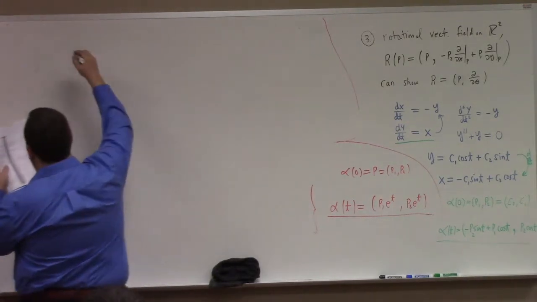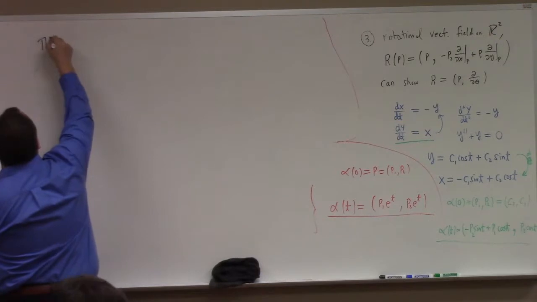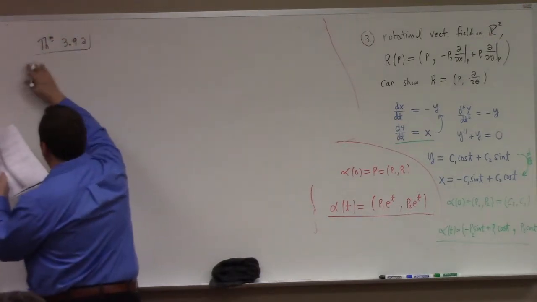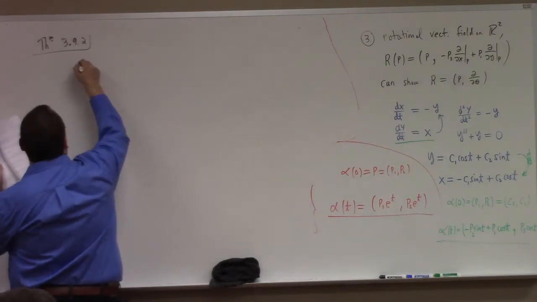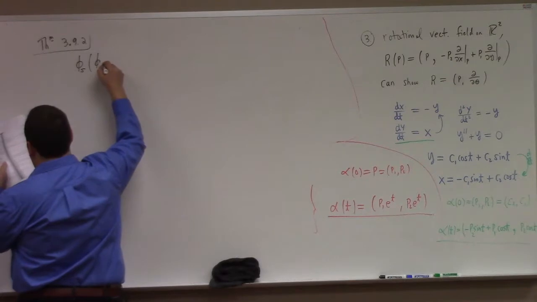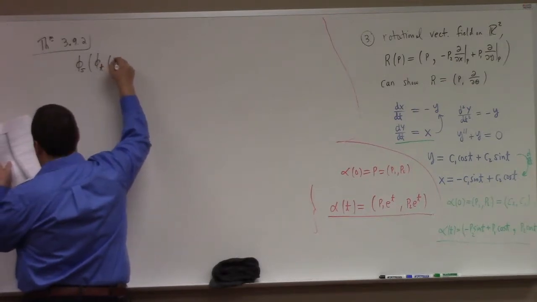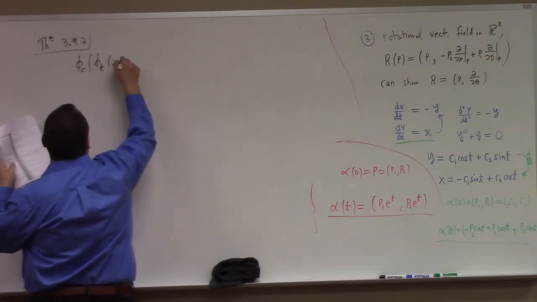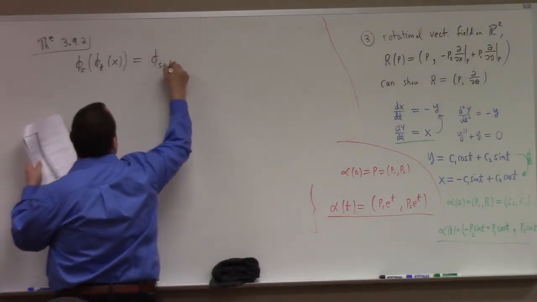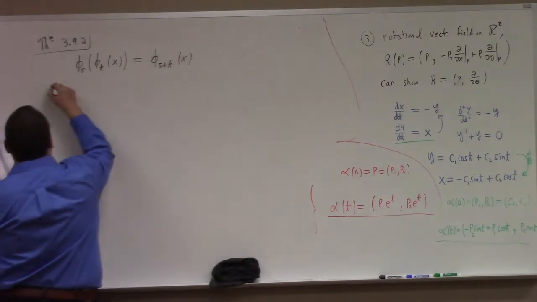Yeah, the critical theorem 3.9.2, I won't write it all up here. But this basically explains the bells and whistles for these flows, the critical point being this: phi sub s times phi sub t of x is equal to what? It's equal to phi sub s plus t of x, provided what?